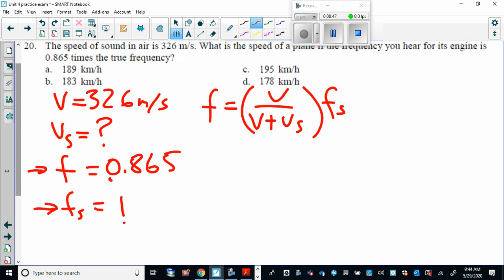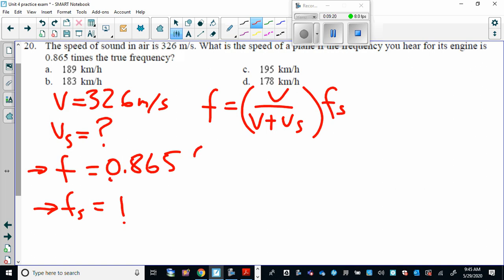I'll go through how to manipulate this formula, but with the Doppler effect formula, most of the time, if you're not solving for F, it's easier just to plug the numbers in and then solve for the unknown variable rather than manipulate the formula. So let's do that, and then I'll go through the manipulation just so you can see, but you'll see it gets a little tricky, especially if you're solving for V.